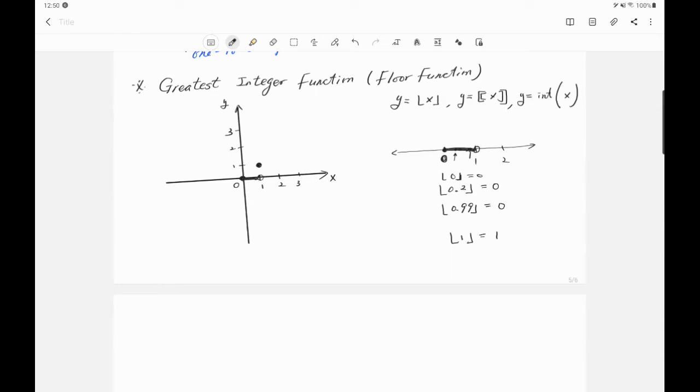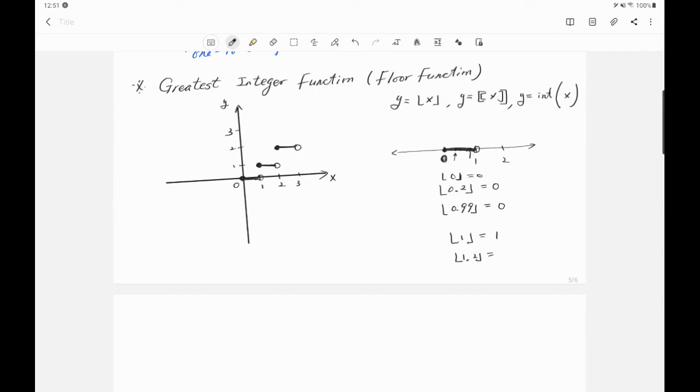How about 1.2? The greatest integer is 1, right? So if x is between 1 and 2, then the y value is always 1 until it becomes 2. If x equals 2, then of course y equals 2. If x is between 2 and 3, then it is always 2, right?